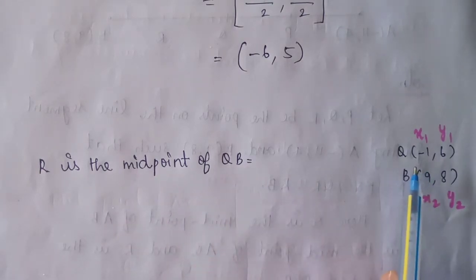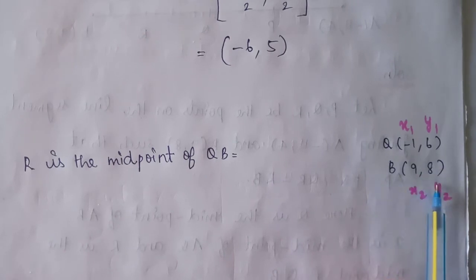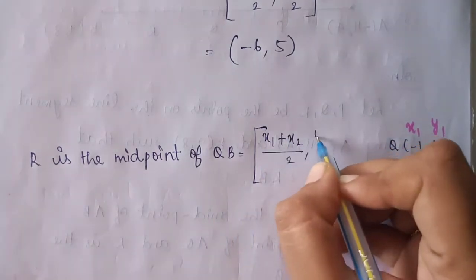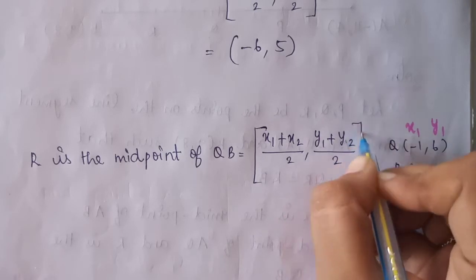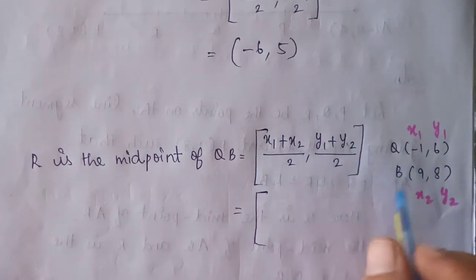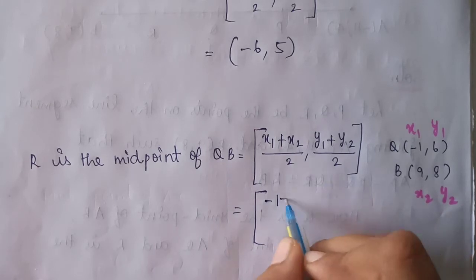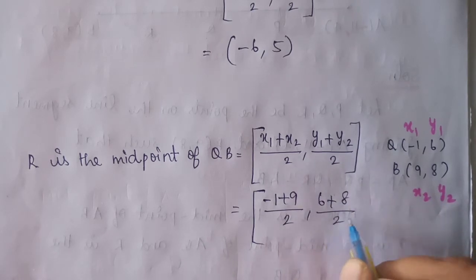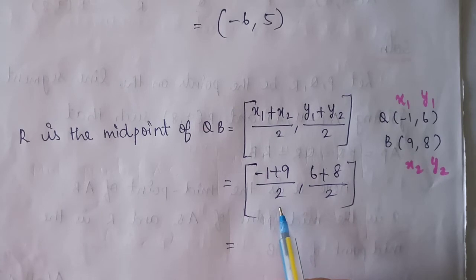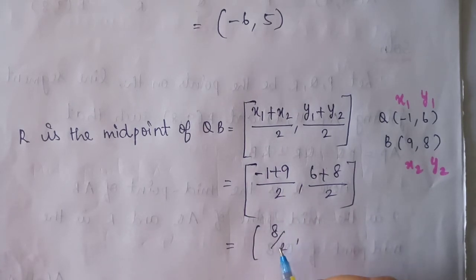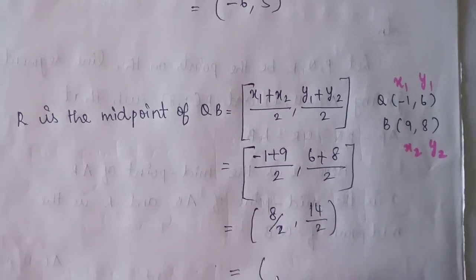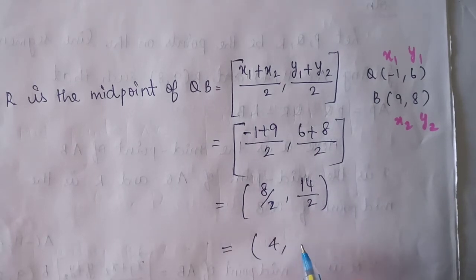You know the coordinate of Q is (-1, 6) and B is (9, 8). Similarly, using the midpoint formula ((x1 + x2)/2, (y1 + y2)/2), x1 value is -1, x2 value is 9, so (-1 + 9)/2, comma, (6 + 8)/2, which is equal to (8/2, 14/2), which is equal to (4, 7). So the coordinate of R is (4, 7).